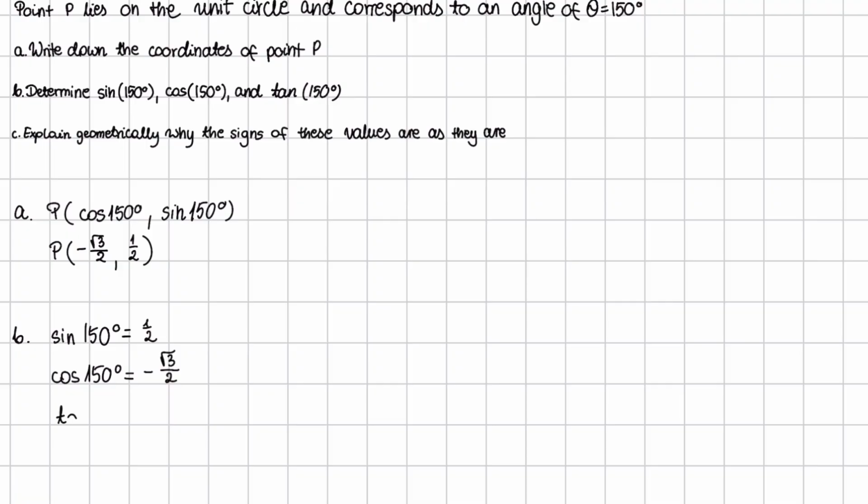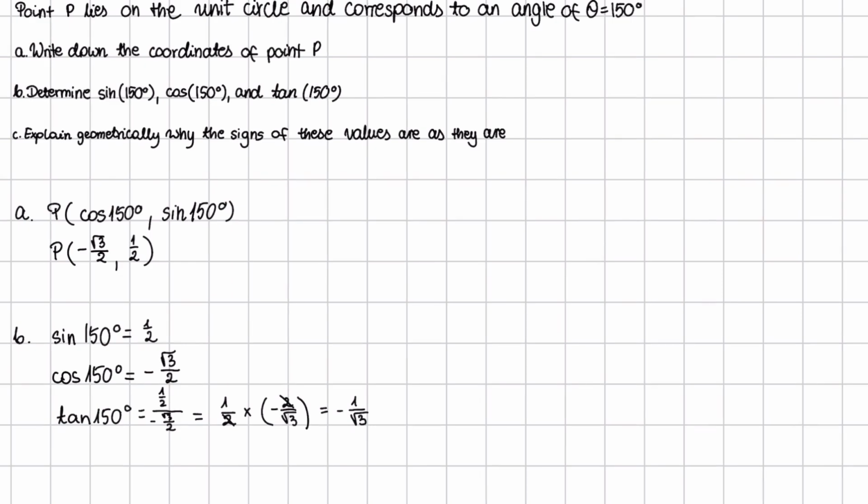And tangent of this angle is sine over cosine. So we can rewrite it as 1 over 2 times negative 2 over square root of 3, and this cancels out, so minus 1 over square root of 3.